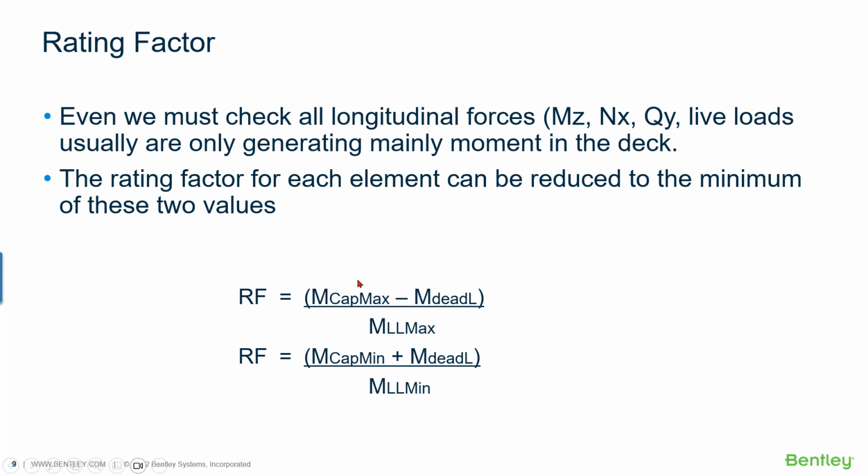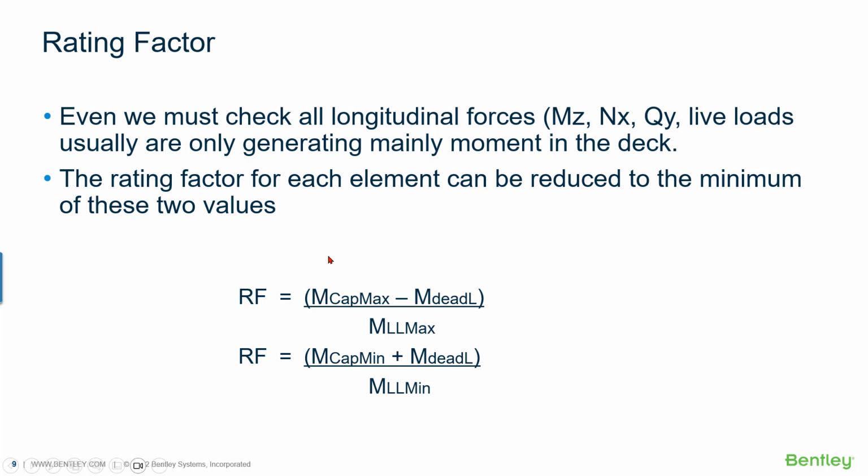Either we have the rating factor, which is the maximum moment capacity minus the moment due to dead loads, divided by the maximum longitudinal moment due to live loads. Or we can work on the opposite, so we have maximum, but we can have minimum, and it is equivalent.